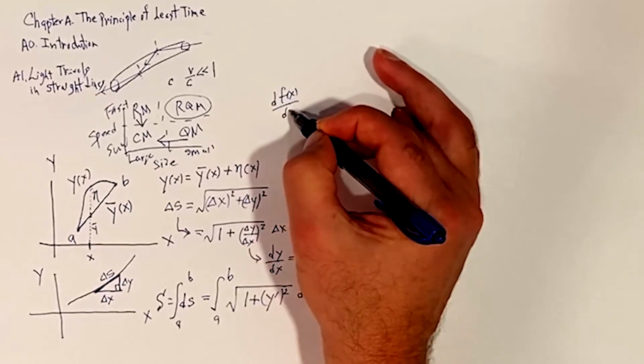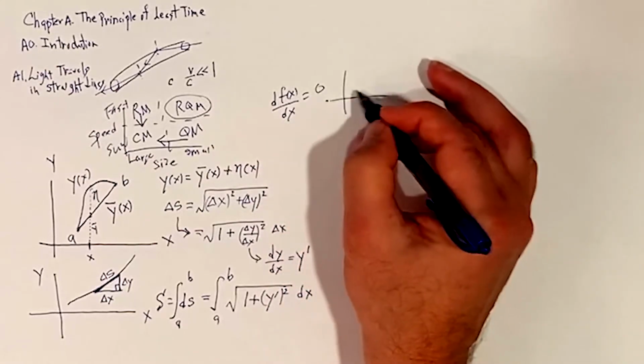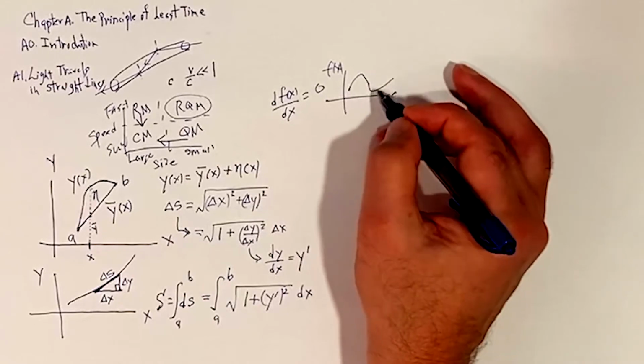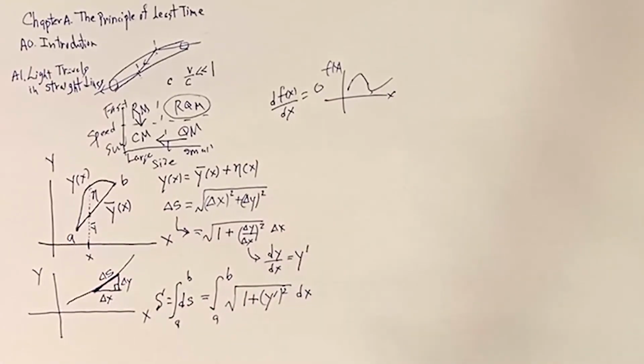You take df/dx and set it equal to 0, and then you find a max or a min. But see, we're doing something more complicated here. We're finding a function.